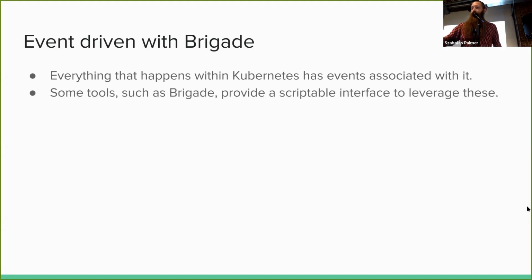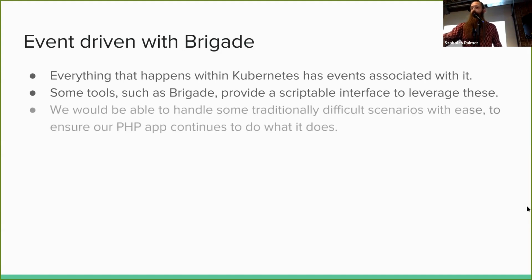So you can build up your own scripts using these tools. We could also just look at some different methodologies on being able to accomplish potentially some traditionally difficult things.